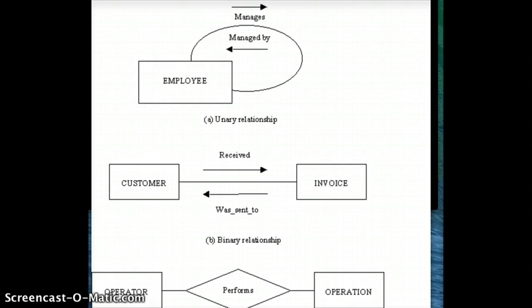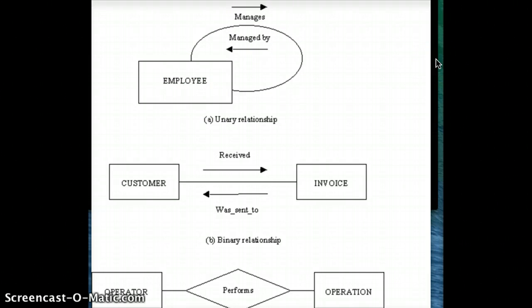The second part here is a binary relationship. The customer received the invoice. The invoice was sent to the customer, and so forth and so on. You can see that this is a binary relationship because two entity types are involved in the relationship type. Whereas in the first one, it's only just one entity kind of going around, you know what I'm saying?